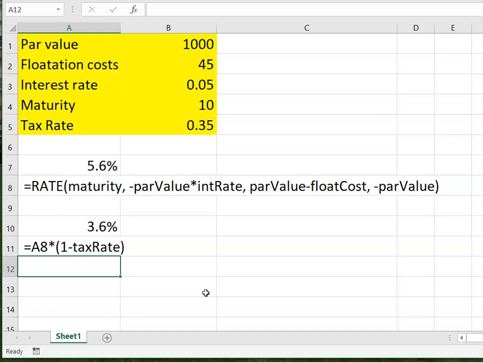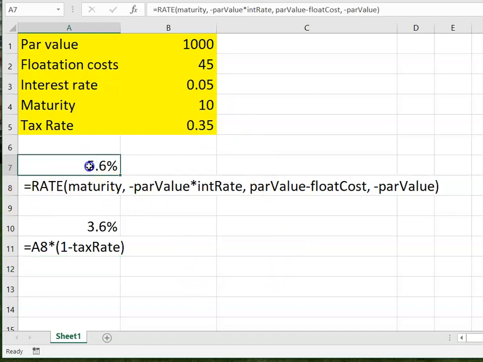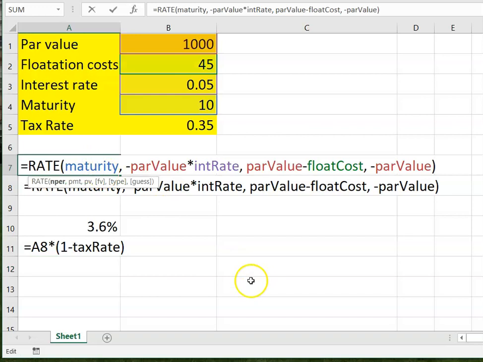Things to notice one more time. In terms of when you're doing this calculation, the present value is the net proceeds. You might be told the net proceeds, or you might have to calculate the net proceeds. Over here, it's the par value minus the flotation cost. It might be a percent of the par value, or it might be a dollar amount.